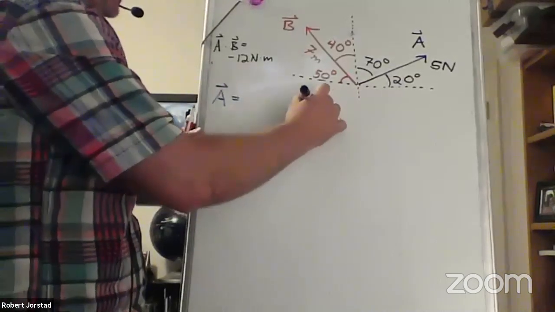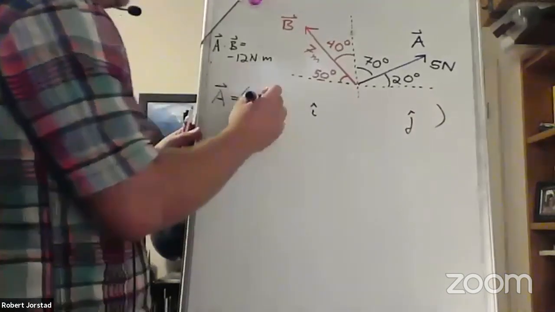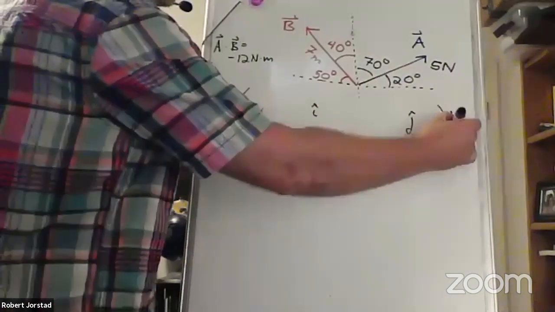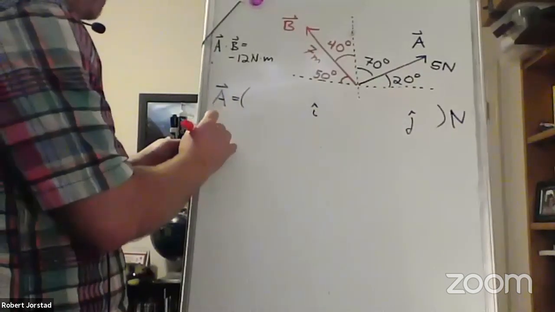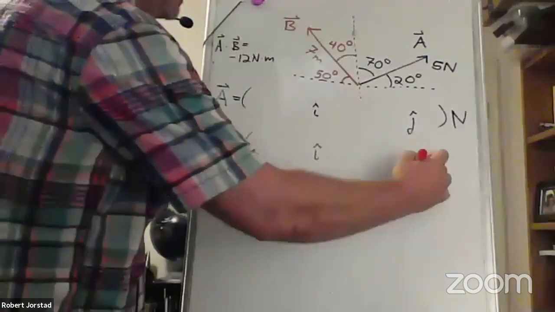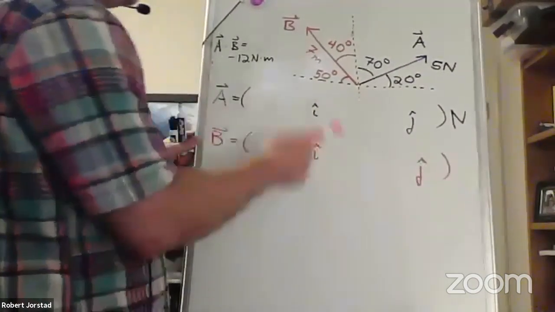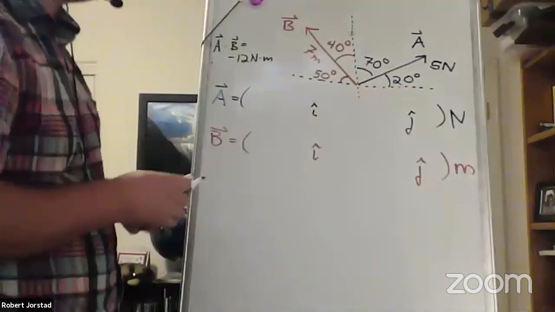It's going to be something in the i hat, something in the j hat, and it's going to be in newtons. Likewise, B is going to equal something in the i hat, something in the j hat, and that one has units of meters. We're ignoring sig figs for this problem, all right?